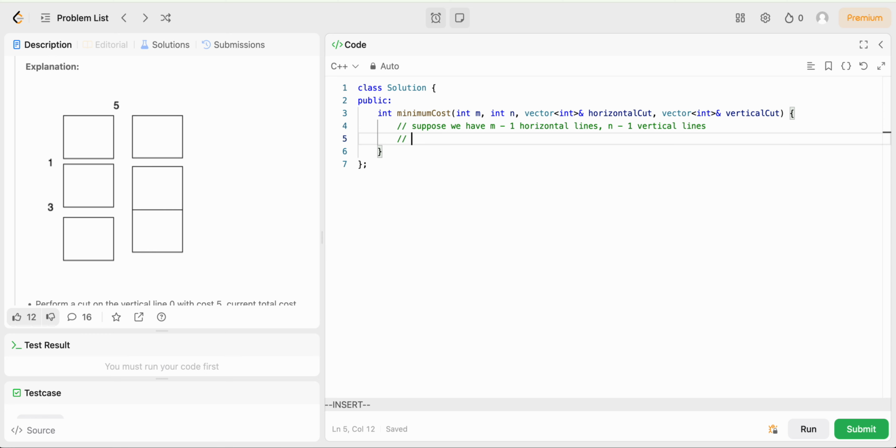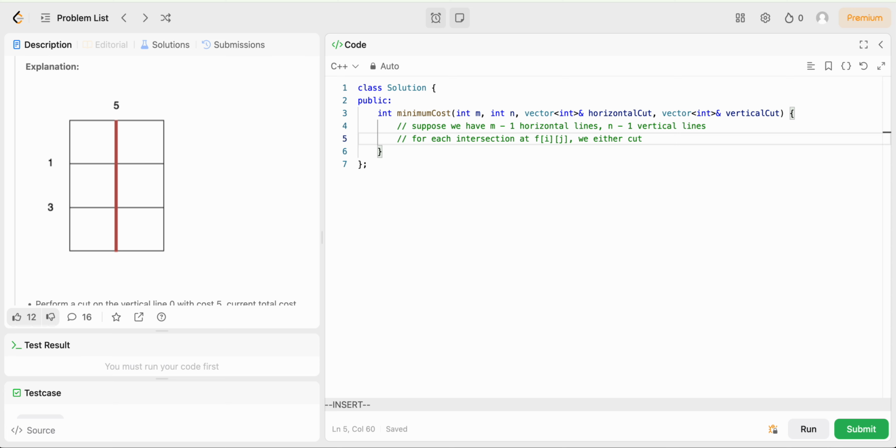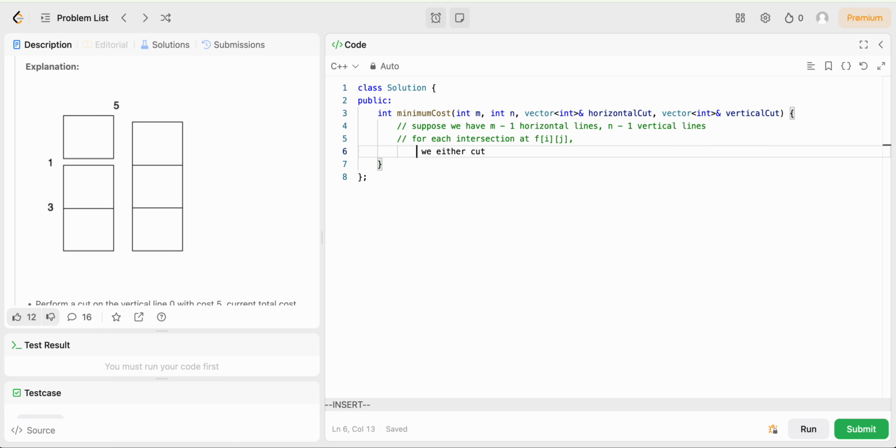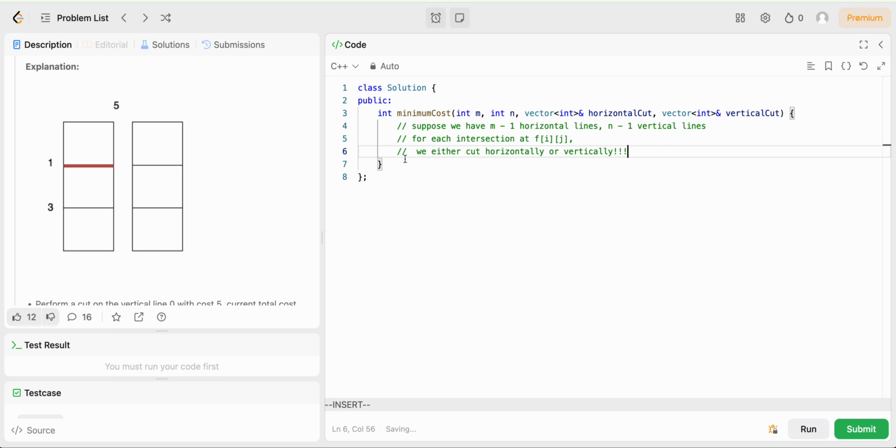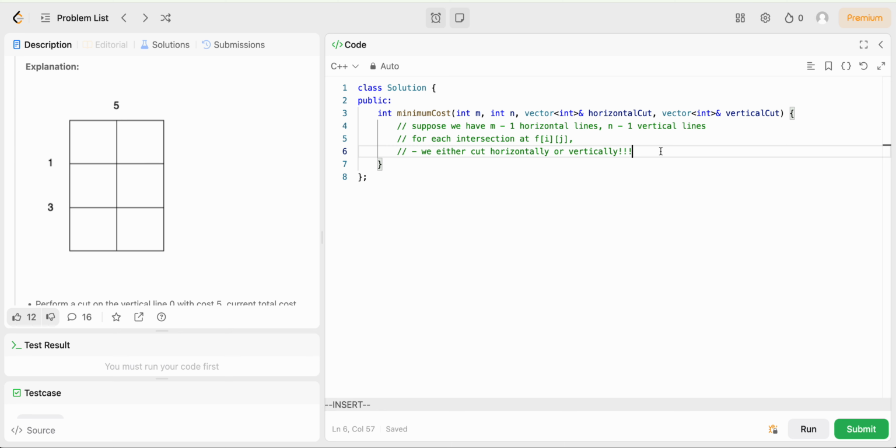Then for each intersection at f i j, we either cut horizontally or vertically. This is a very key observation. Although it looks trivial, it's a very important observation.